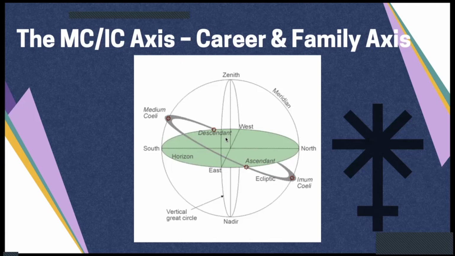Be ready. That's why the statement goes, when the student is ready. Because when the student is ready, you will recognize the energy of the teacher, no matter the form. So that's what these points represent: the MC, the IC, the ascendant, and the descendant.